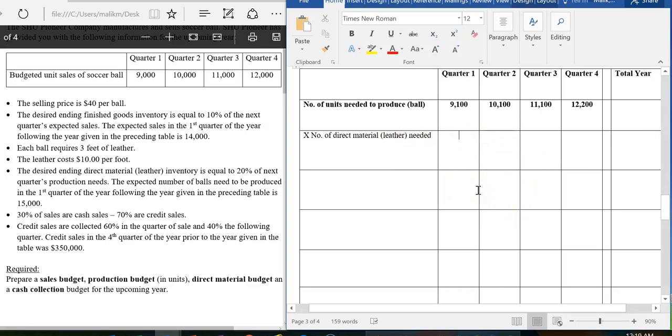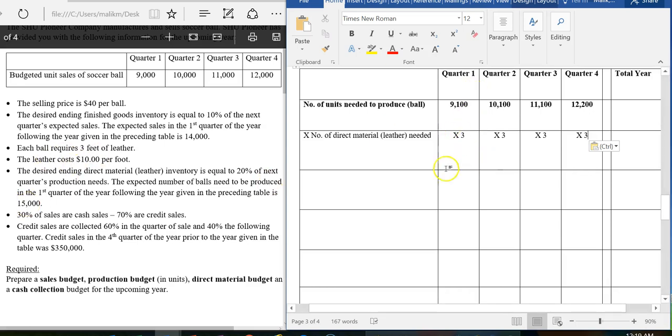So for each ball, we need 3 feet of leather. Now we're gonna multiply by 3, and we will do the same for all other quarters. Multiply every quarter's targeted balls they want to produce by 3.